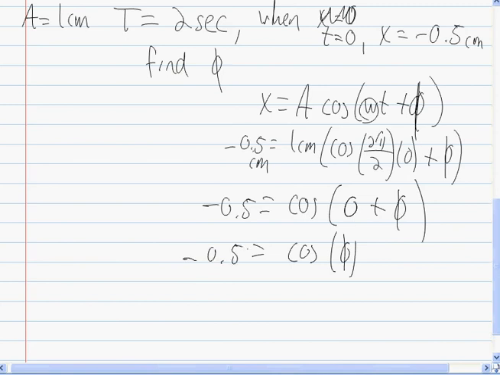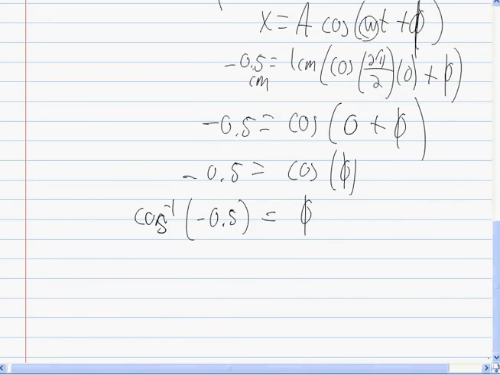So that means that phi is the inverse cosine of negative 0.5. And if I remember right, that is either negative pi over 3 or positive... whoops, is it 5?